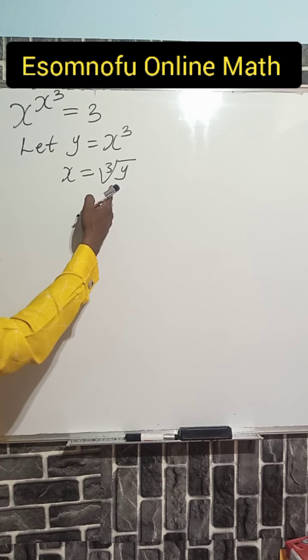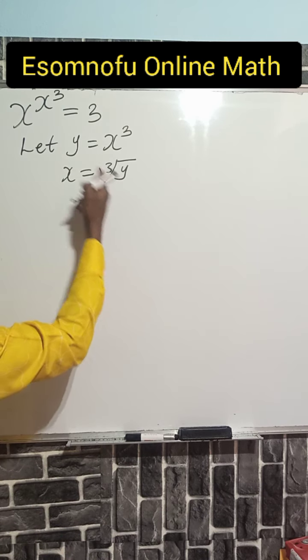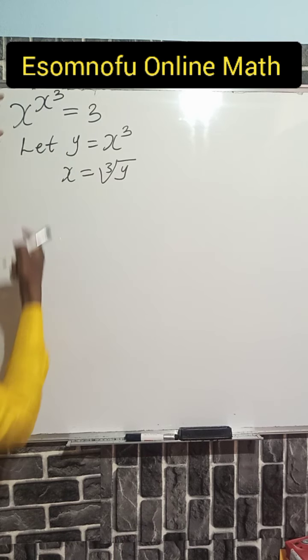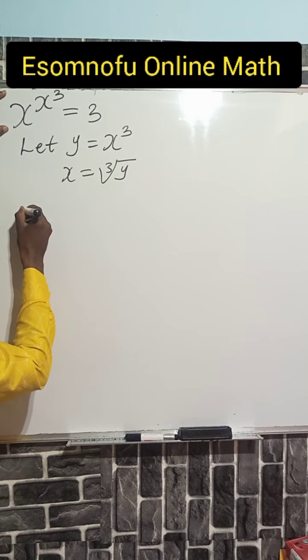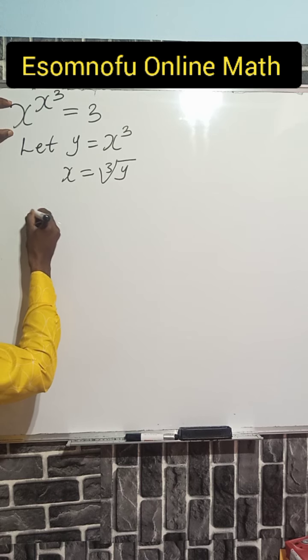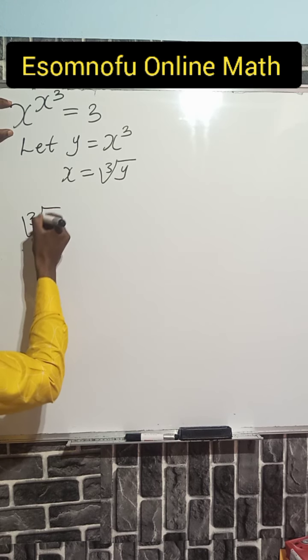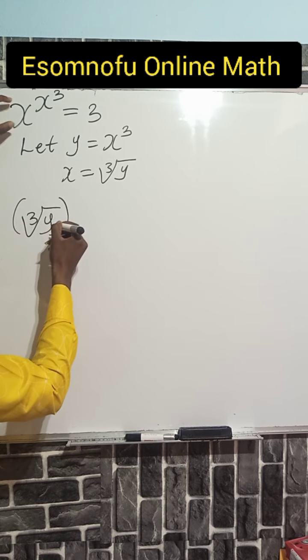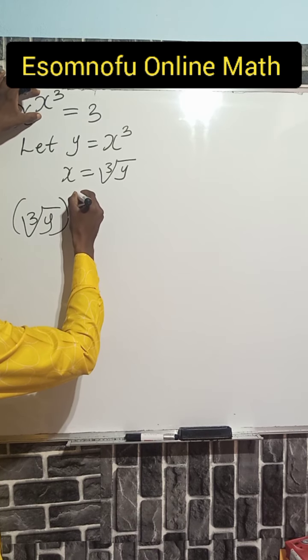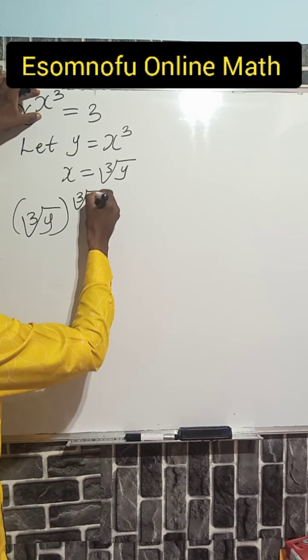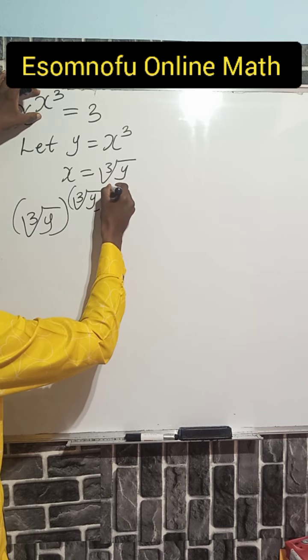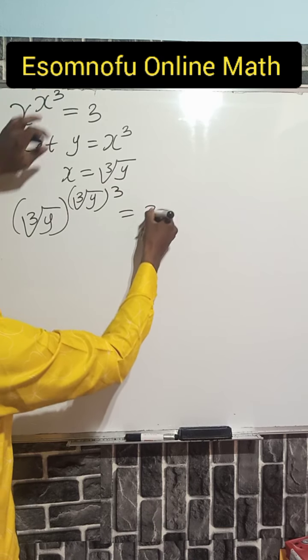So if this is the value of x, I'm going to use this to replace x in this particular equation here. So I shall now have, look at the first x, I'll write cube root of y, into, seeing x again, I'll still write raised to the power of cube root of y, then raised to the power of 3 equals 3.